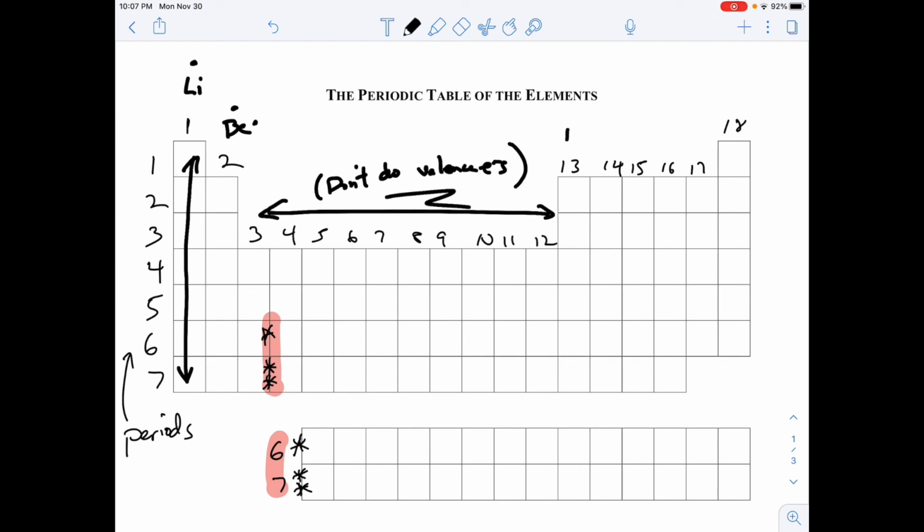But when we jump to the 13th column, 1, 2, 3 valence. That means everybody or any element in this column has 3 valence electrons because, again, the electron configurations are very, very similar.